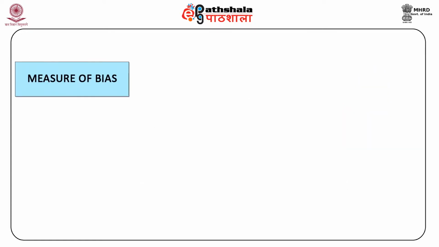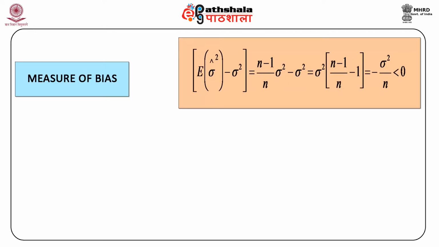The measure of bias is the expected value of sigma hat square minus sigma square, and is equal to (n minus 1) upon n sigma square minus sigma square. This is equal to sigma square into ((n minus 1) upon n minus 1).